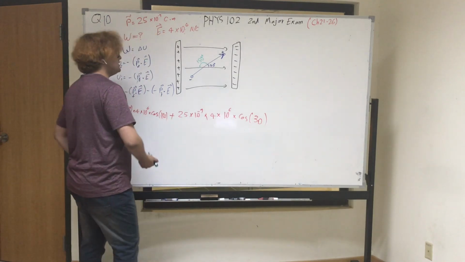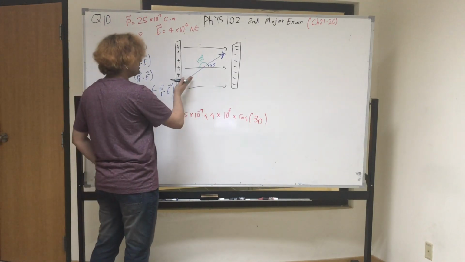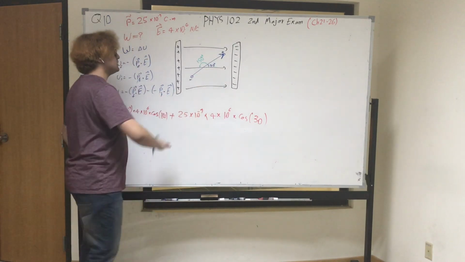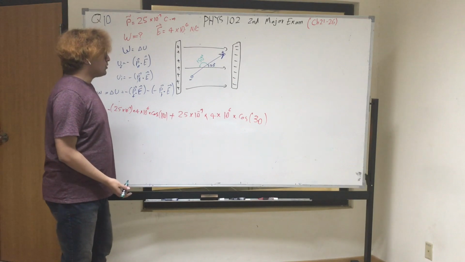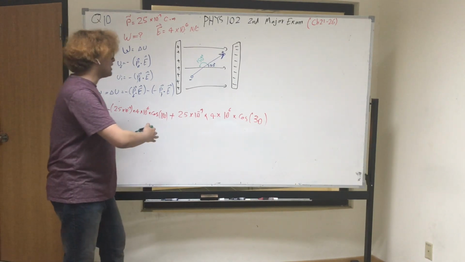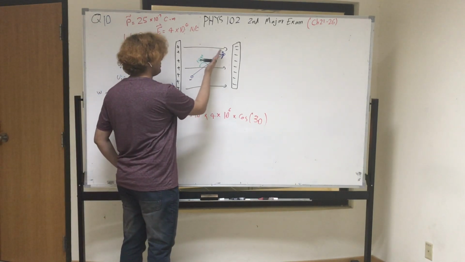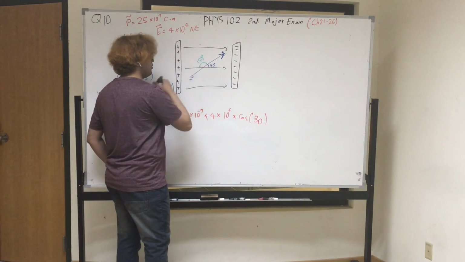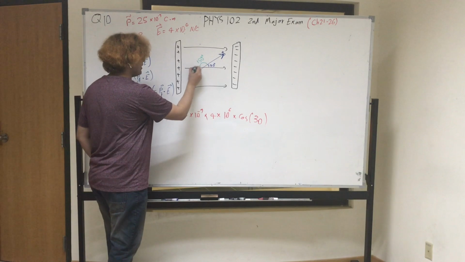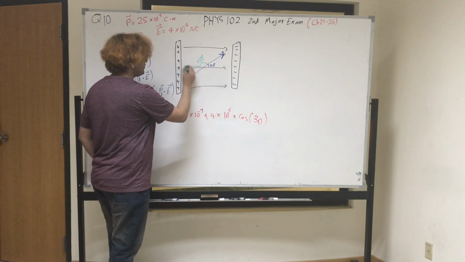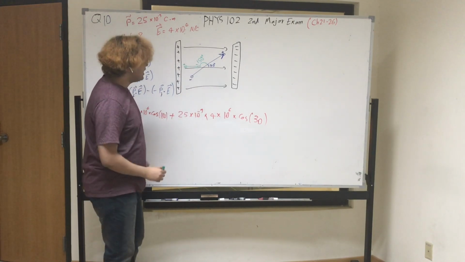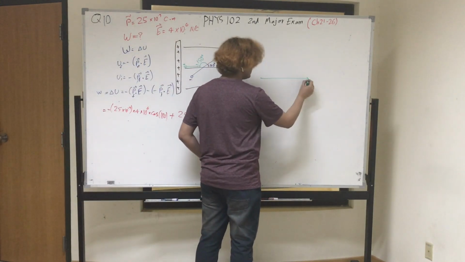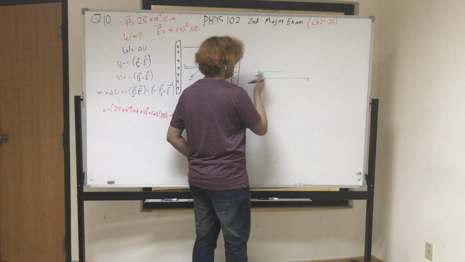And it says that initially the electric dipole makes an angle with the electric field of 30 degrees. Then we have some sort of external agent that rotates the dipole like that until it's anti-parallel with the electric field. Anti-parallel means the electric field is like this, and the dipole must be like this.